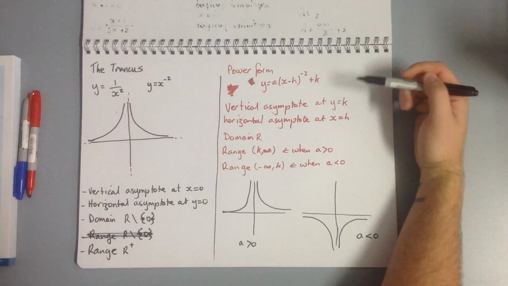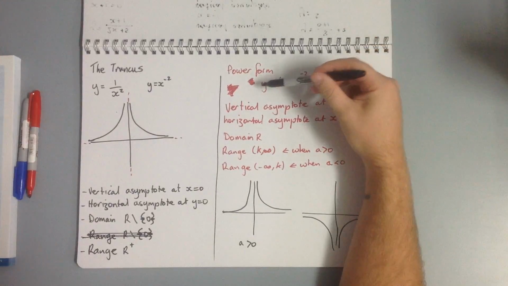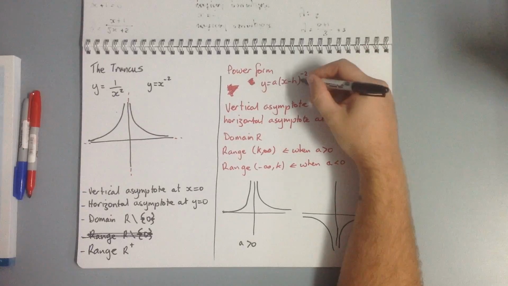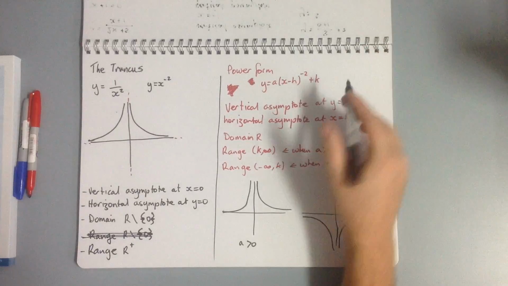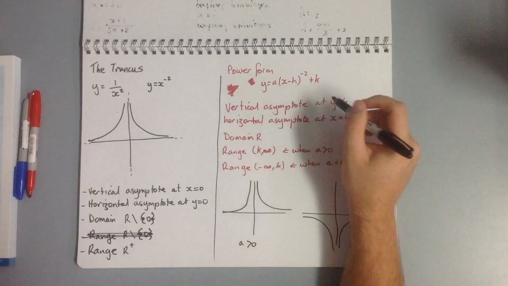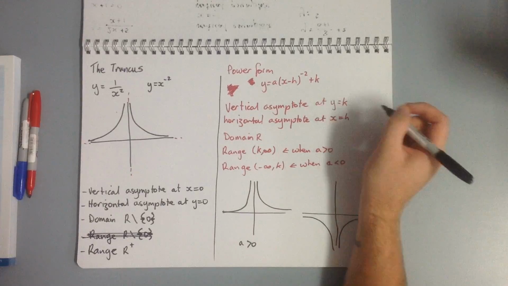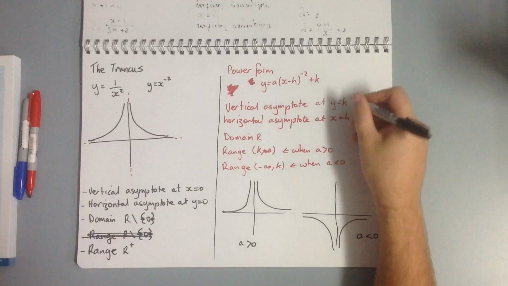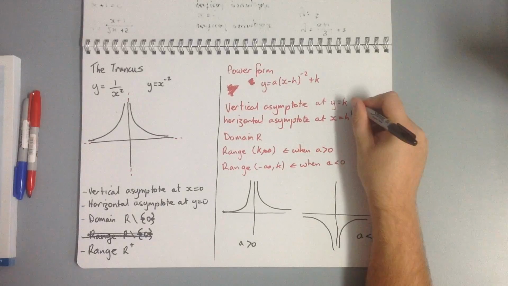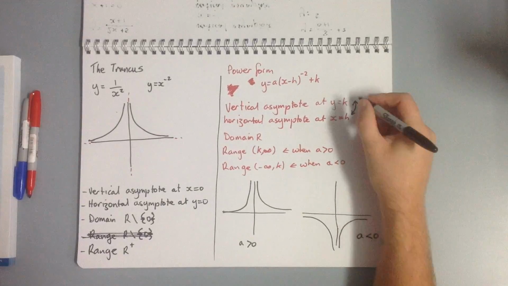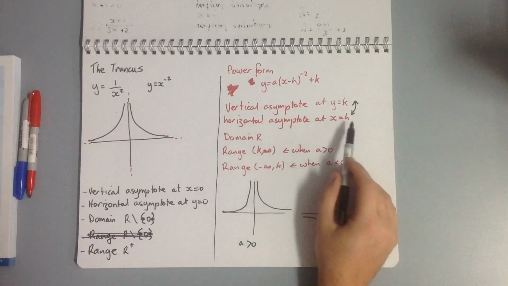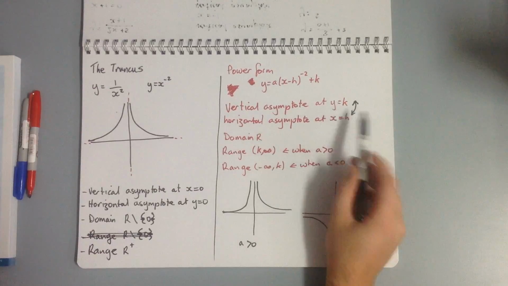So in power form, we're looking at y equals a outside of x take h, to the power negative 2, plus k. Our vertical asymptote is at y equals k. Sorry, that's not right, they're around the wrong way. So our vertical asymptote is going to be at x equals h, and our horizontal asymptote is going to be at y equals k.